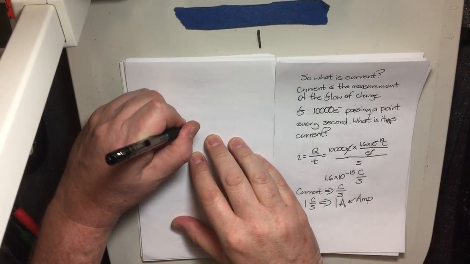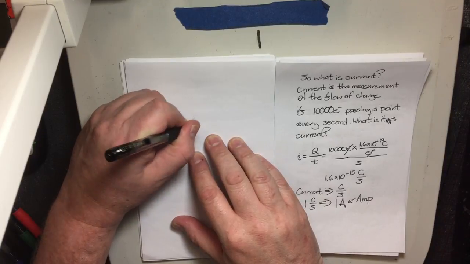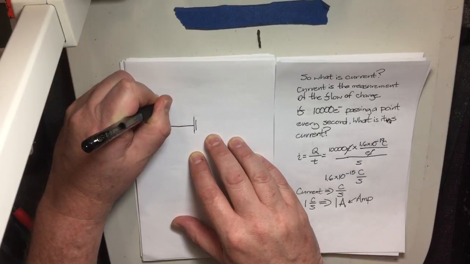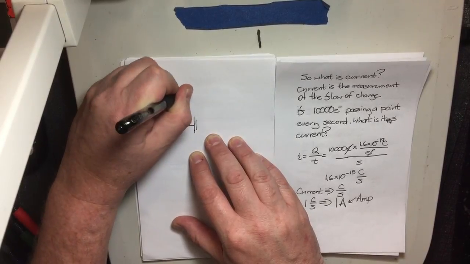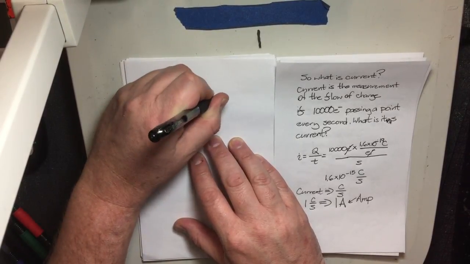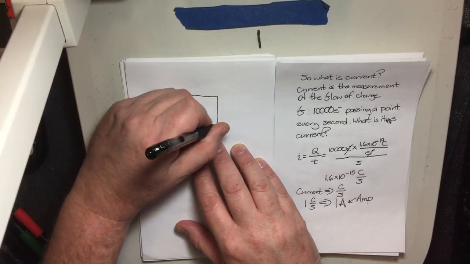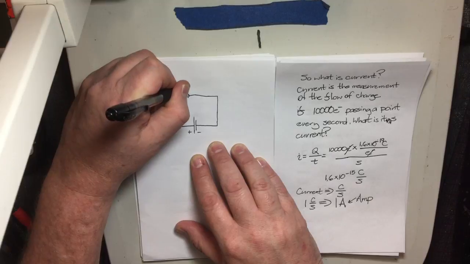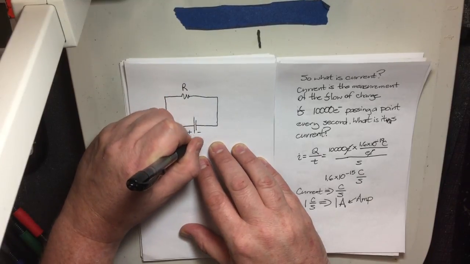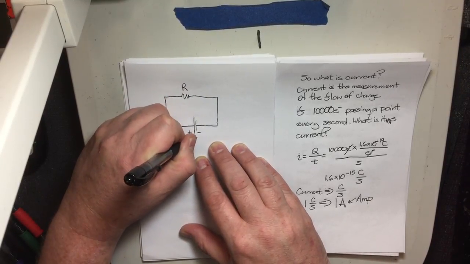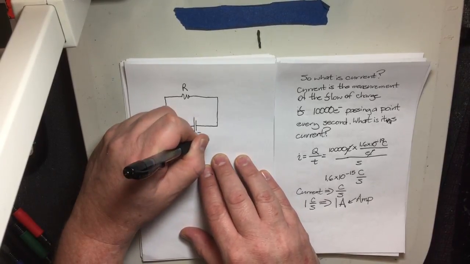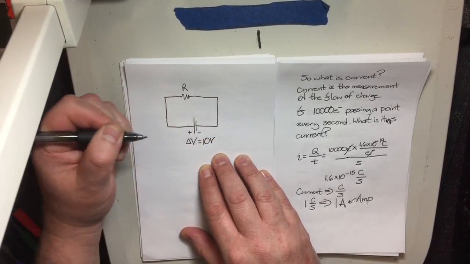So in our first example of a circuit, the battery is going to have a potential difference of 10 volts.